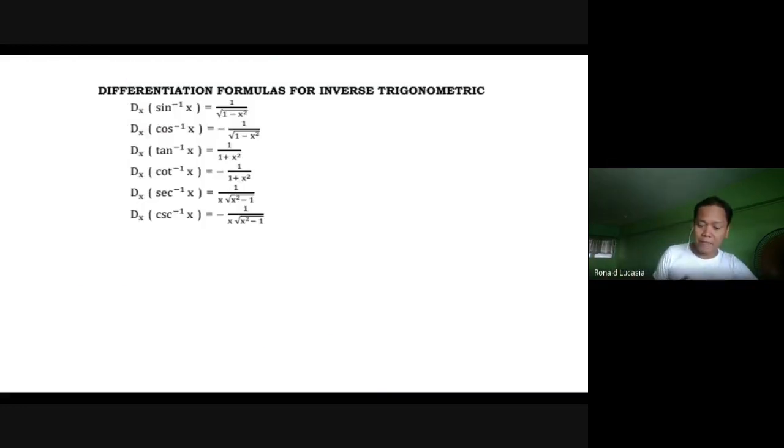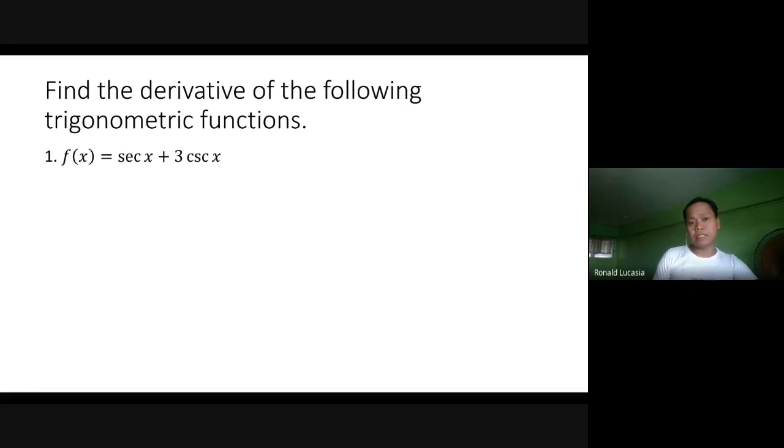Here is the derivative naman of the inverse of the trigonometric functions. So let's use the previous slide to find the derivative of the following trigonometric function. The first one, the given function is secant x plus 3 cosecant x.